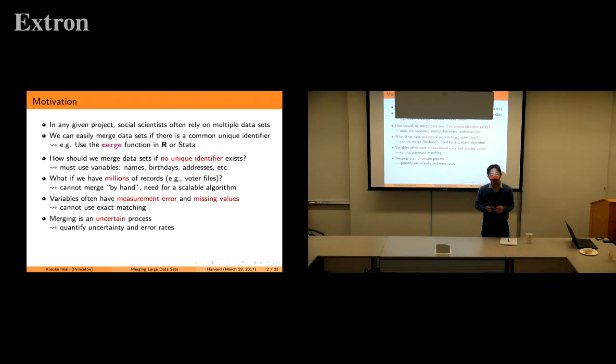All of this, I think, motivates that we should be using a probabilistic model to do this. And the reason I got into this project actually isn't really motivated this way. The actual motivation, and a large part of this talk, is about how to apply this to national voter files.